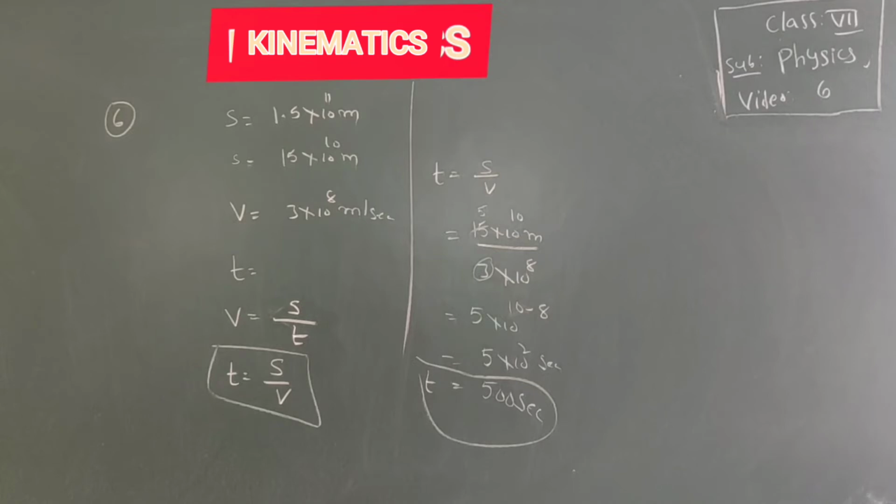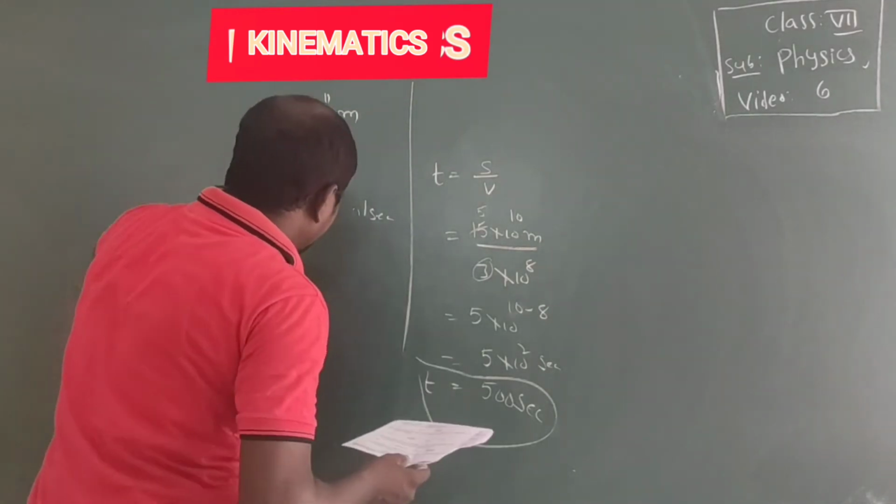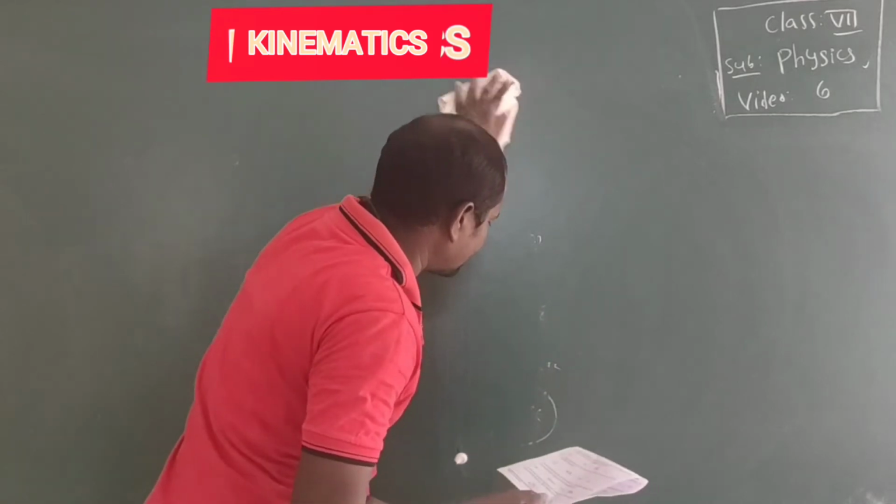Okay, next one. If a body covers first half of the journey with uniform speed v1 and the second half of the journey with uniform speed v2, then the average speed is, so your direct formula yesterday I explained.